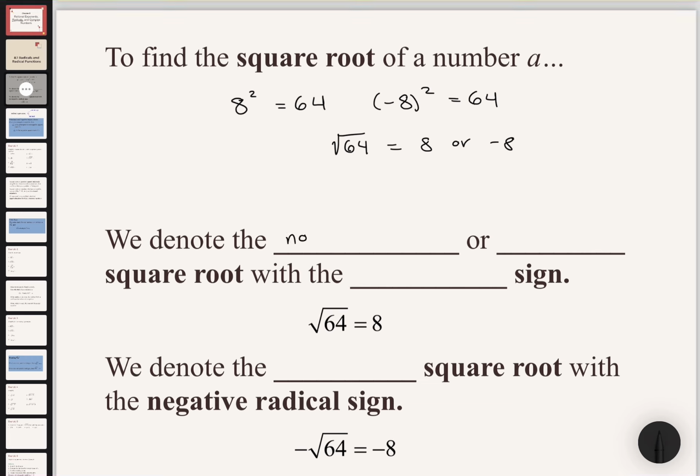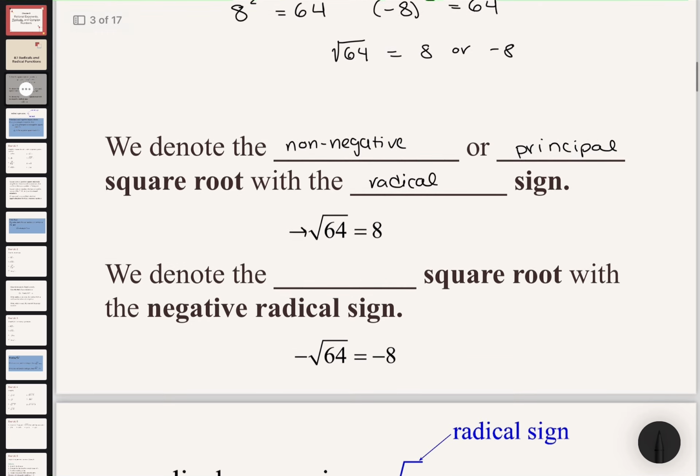We denote the non-negative, or sometimes we call it the principal, square root with the radical sign. You guys are used to this radical sign right there. You've seen that before. And then we denote the negative one, not the principal one, with a little negative sign out in front, right?